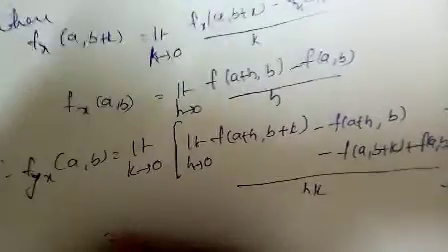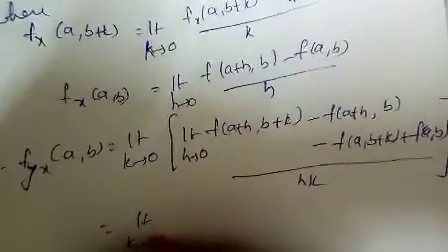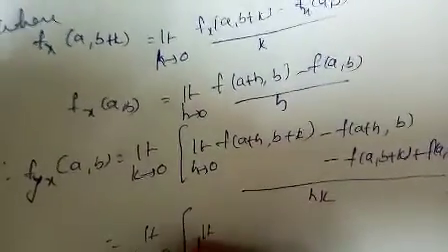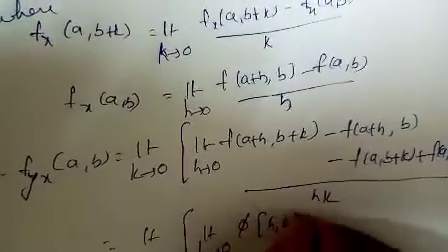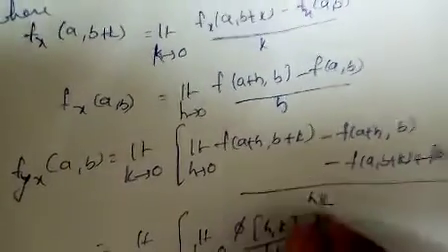So then which implies limit k tends to 0 of limit h tends to 0 phi of h comma k by hk.